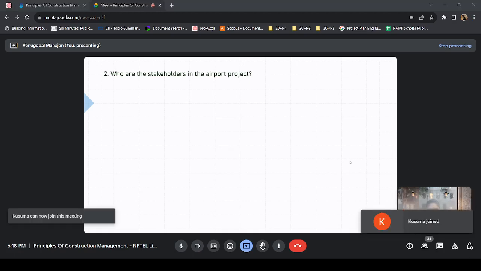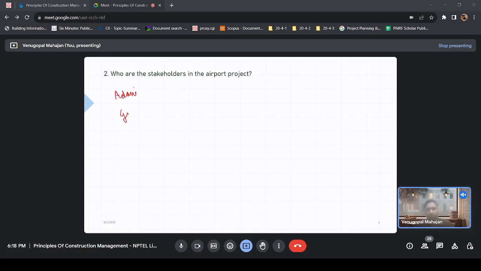Government. Okay, we have got Adani. We have got government. AAI, the Airport Authority of India. Okay, we have got AAI. Who else?